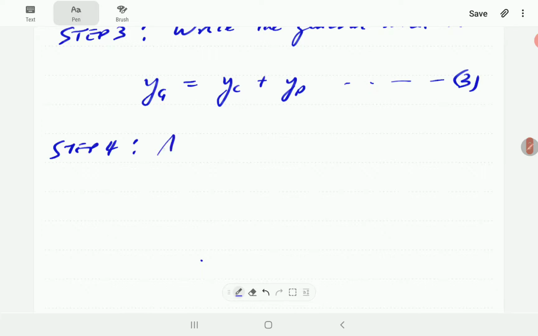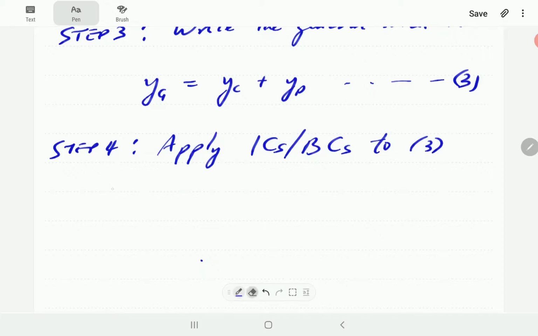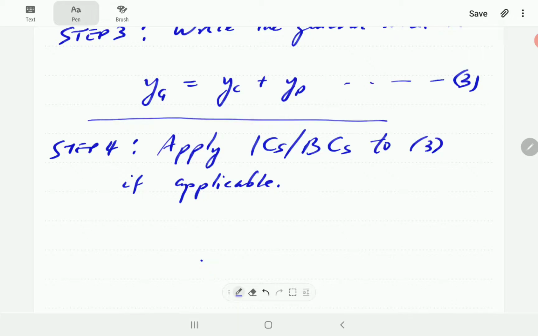In step number 4, we are going to apply initial or boundary conditions to the general solution if they are given. Of course, if there are no boundary or initial conditions, then step number 3 is going to be the last step.